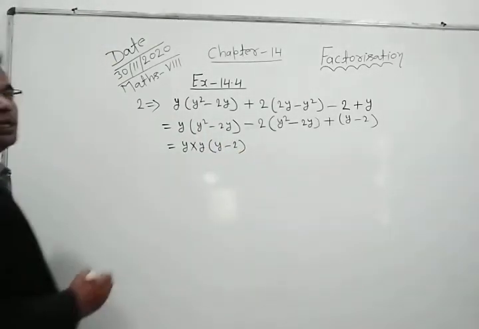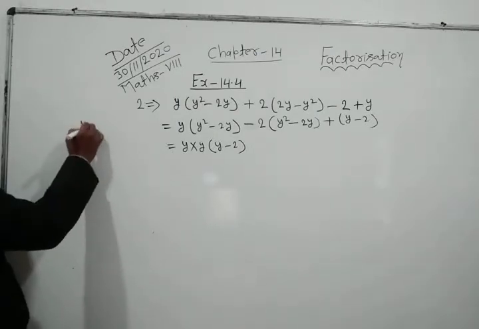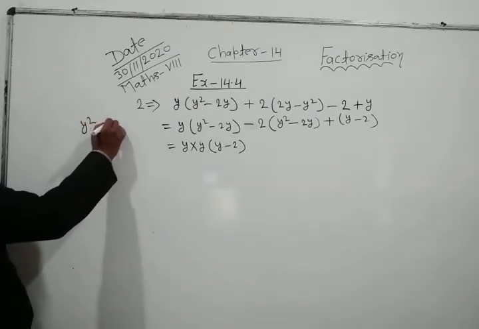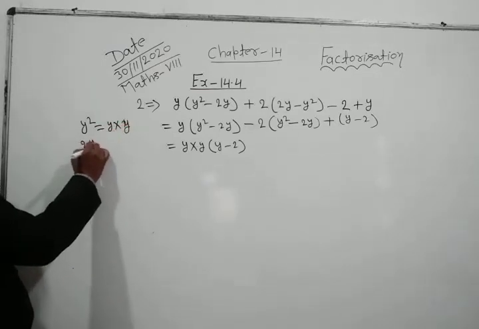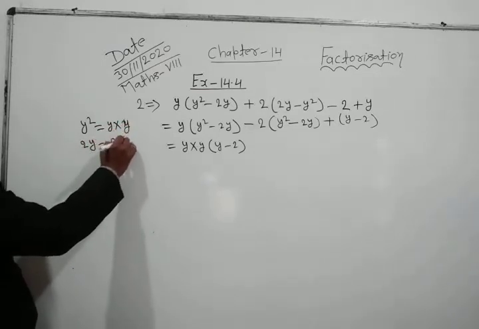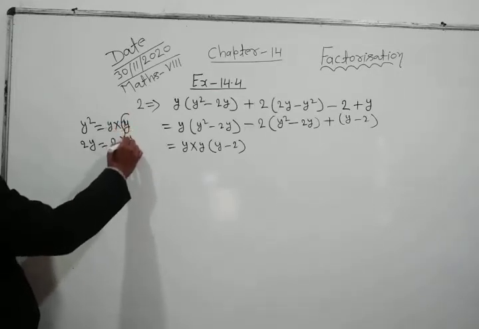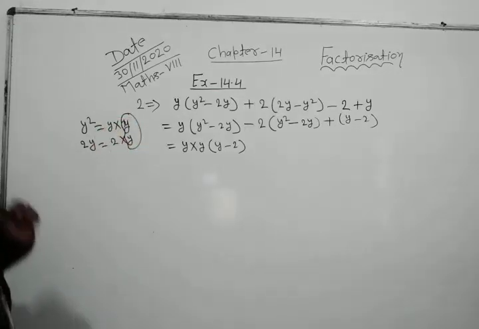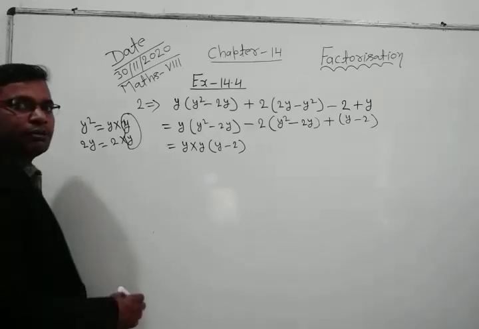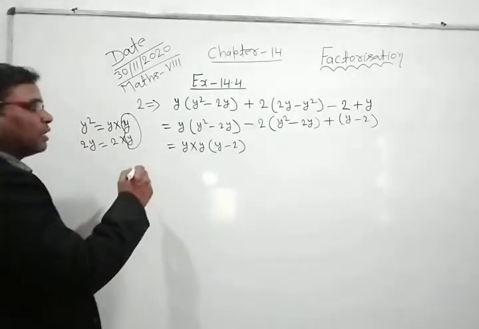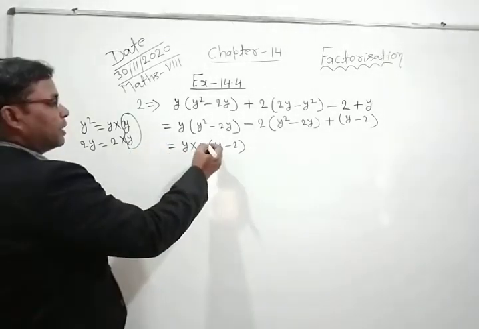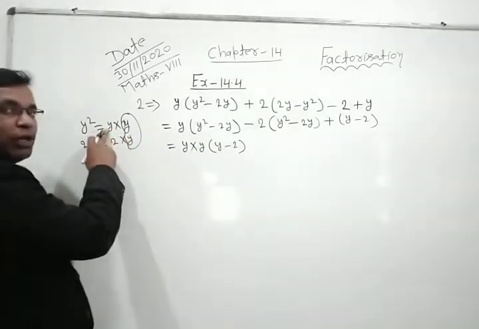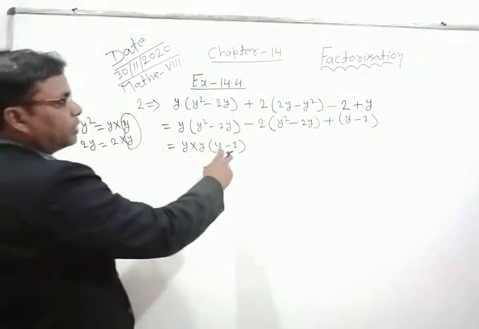Because y square you can write as y into y, and 2y is equal to 2 into y. So y is common between them. If you take common y, here we have y, here 2, so it becomes y minus 2.